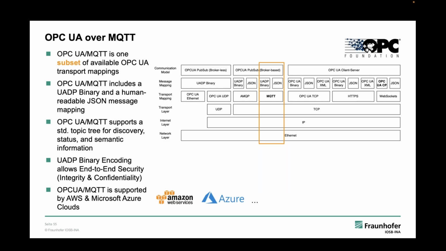As we just saw, it's just one subset of our OPC UA transport toolbox. For instance, you can also do pub/sub broker-based via AMQP, but of course today the focus is on MQTT. If you look at this orange part of the figure that's highlighted, you see that we have two message mappings: UADP, also a binary encoding, and also a human readable JSON message mapping, which has some advantages.